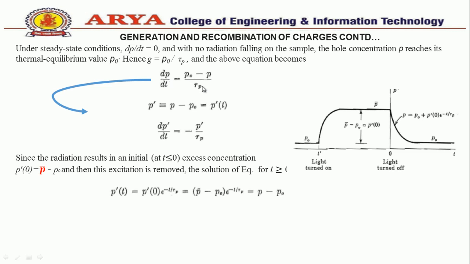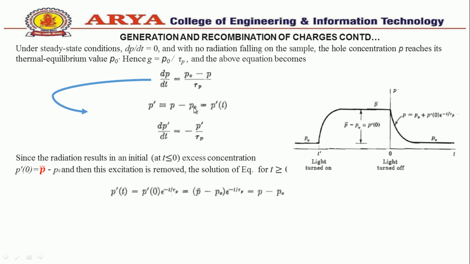The excess or injected carrier density p dash is defined as the increase in minority concentration above the equilibrium value. Since p dash is a function of time, we can write this equation. This equation denotes the increase in minority concentration above the equilibrium value p0.